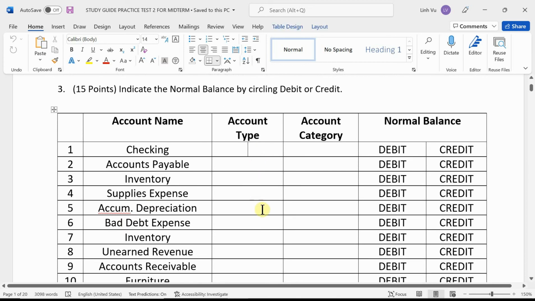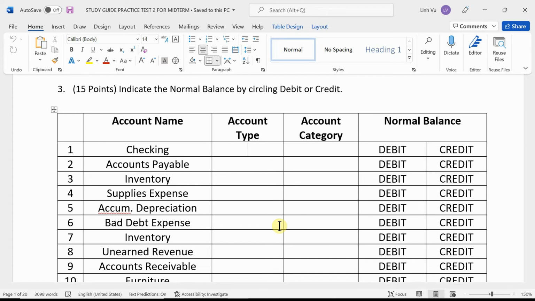So first one, we have checking. What kind of account is checking? Can I look at the options? Yeah.